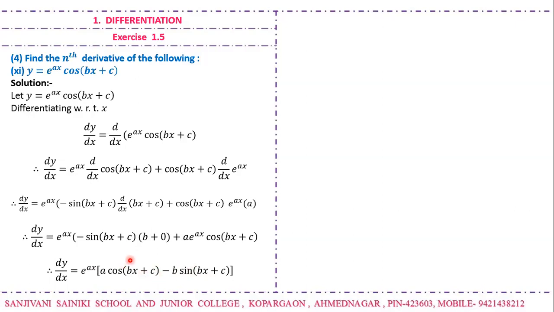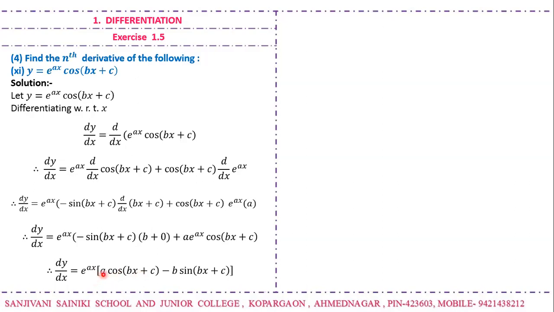Now I will convert this bracketed term into sin(A plus B) or cos(A plus B), whatever the formula I get. But initially we are given y in terms of cos, so I go for cos. I will convert this into cos(A plus B) or cos(A minus B). Now here it is minus, so I must get cos(A plus B) only.